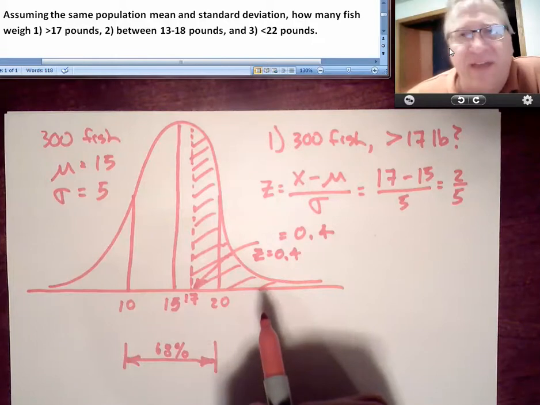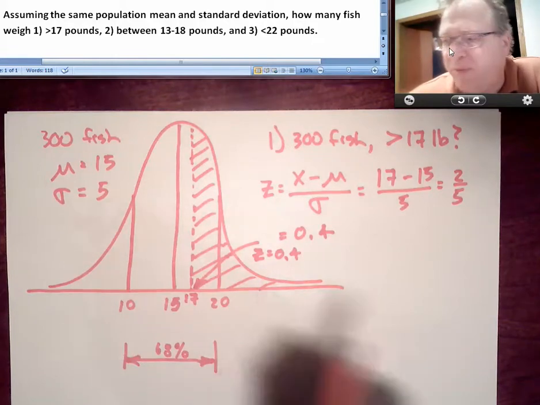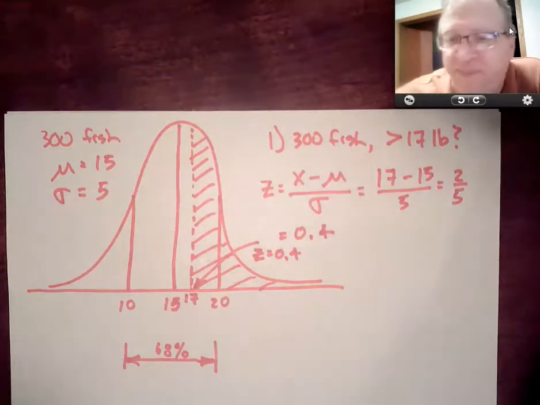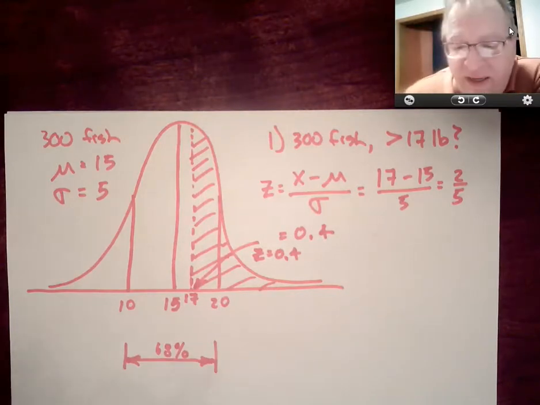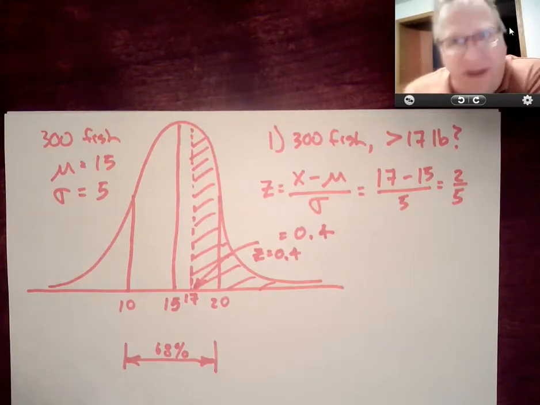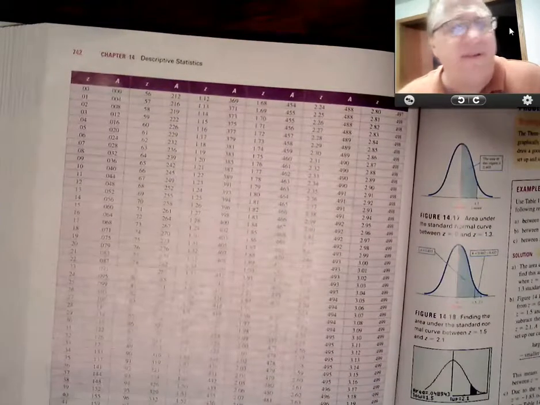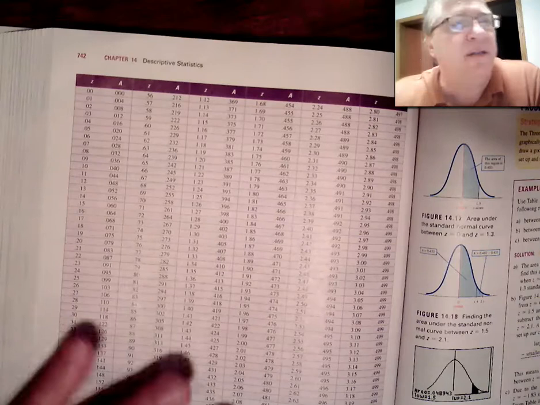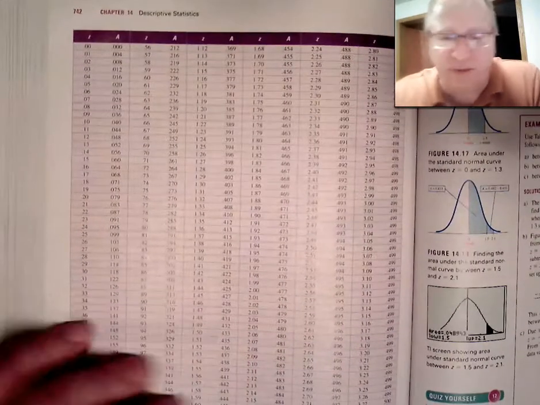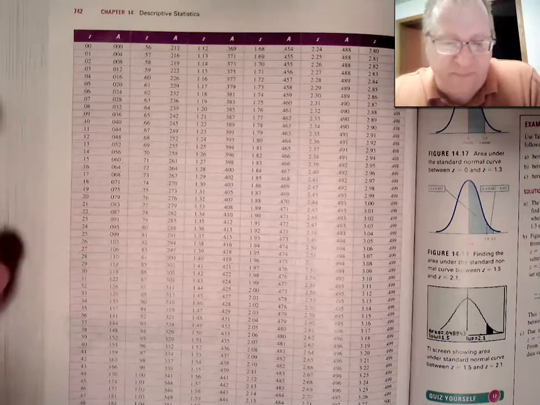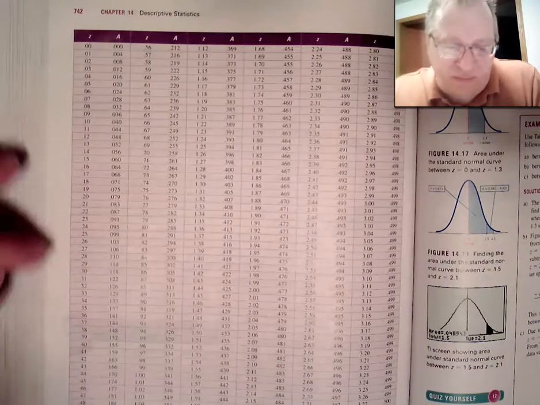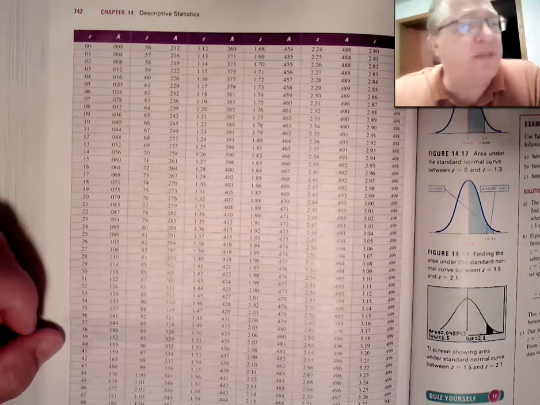Well, how does this help us? We have a table, and I'm going to try putting my book up here if I can do that, where we can look up z equals 0.4 and it'll give us a value. So here's our table. I'm looking for 0.4, so I want to zoom.